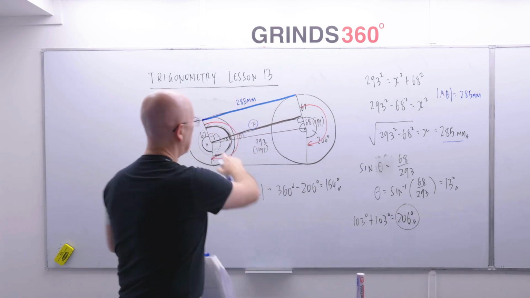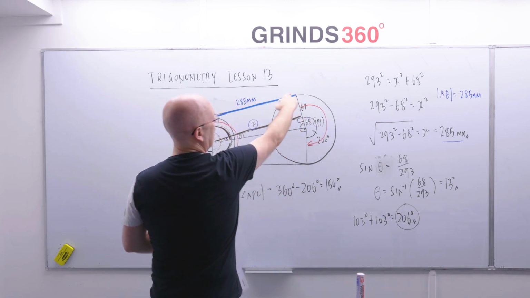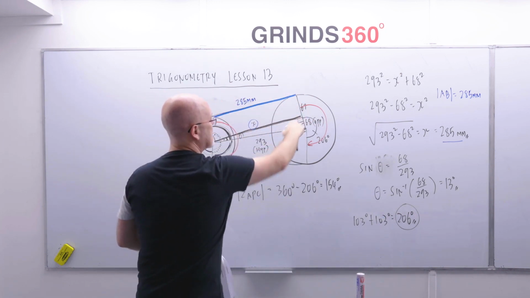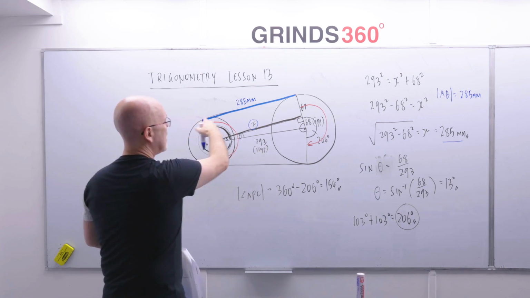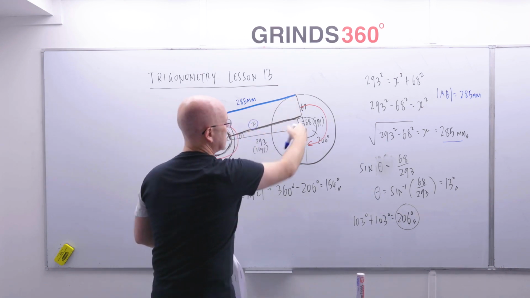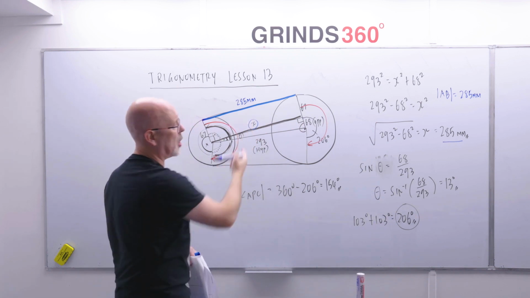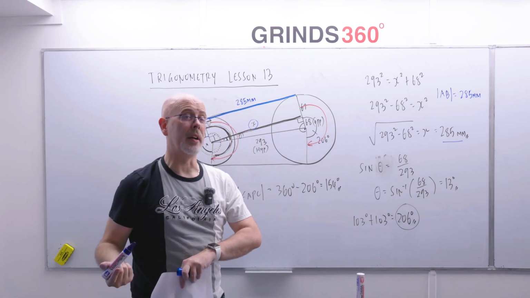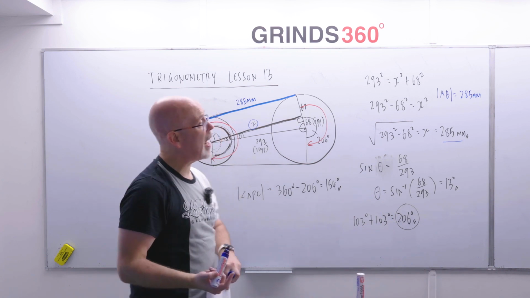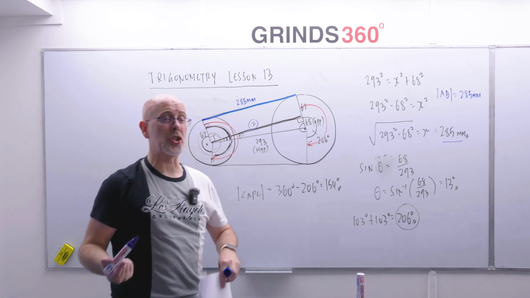But remember, because these two guys here are both opposite sides of a rectangle, that means they're the same length. So this here and this here are opposite sides of a rectangle. So if this is 285, so is that. And if you're asking yourself in an exam, should I explain that to the examiner? Should I tell the examiner why AB is 285 as well? Or can I just write it down?